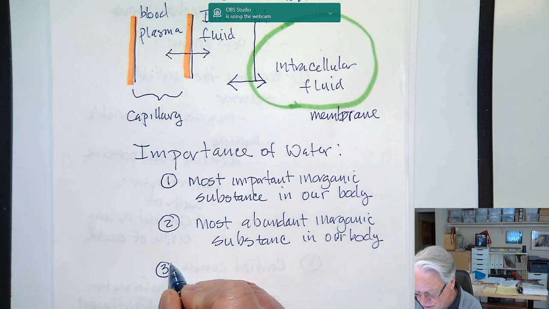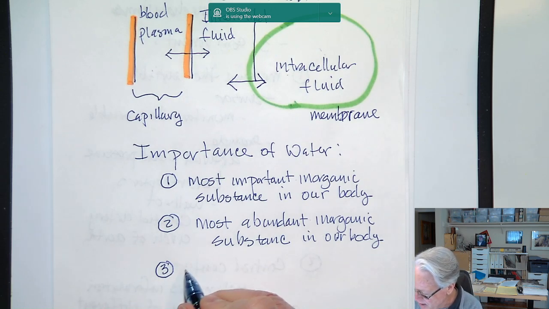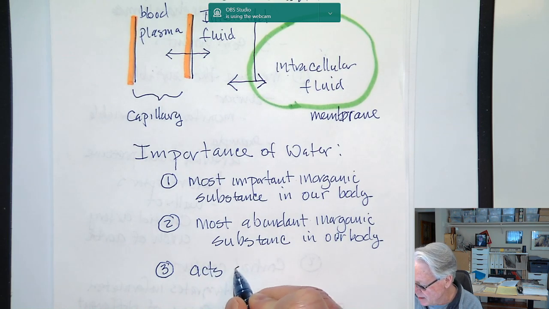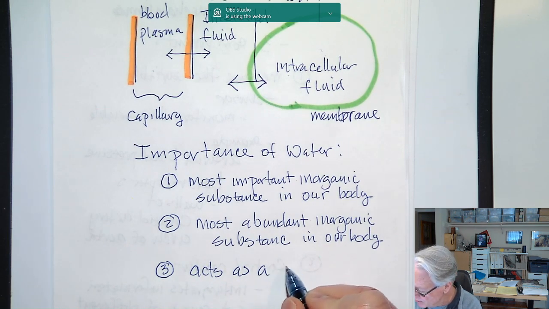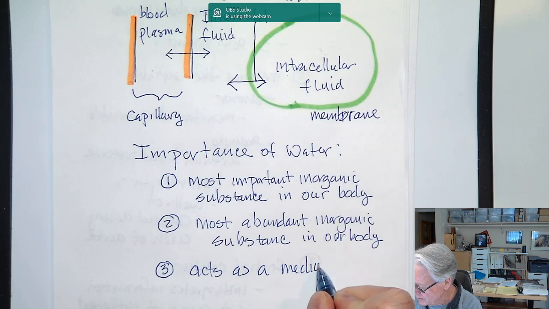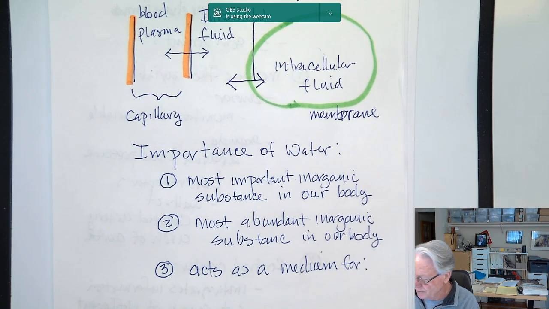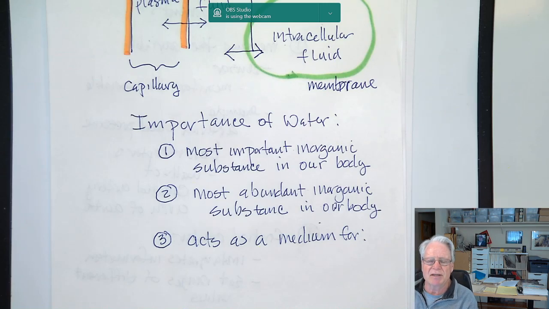So we can also say that it acts as a medium for. So it's going to be the thing in which the following things that we're going to list happen.